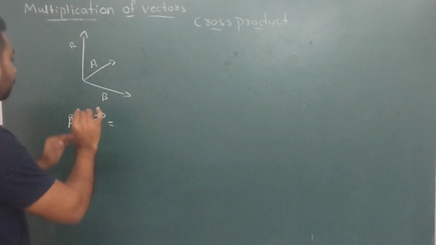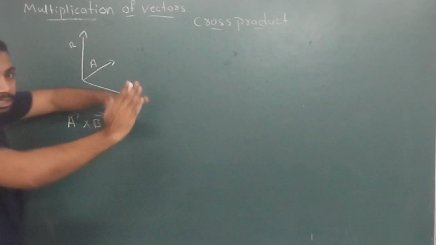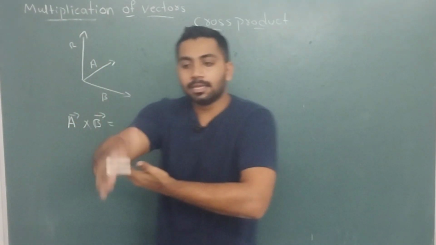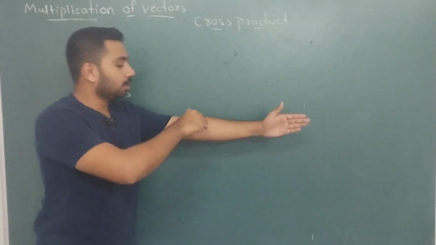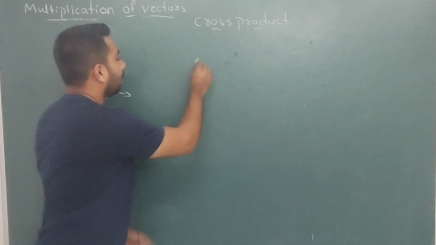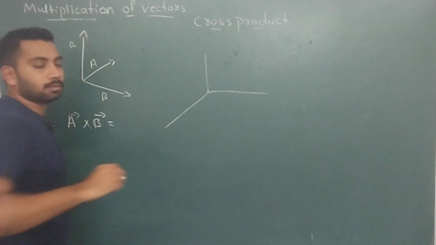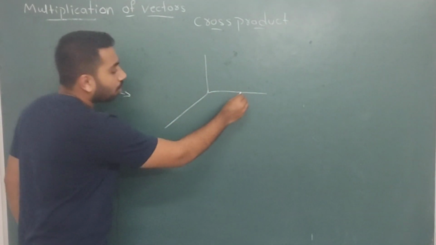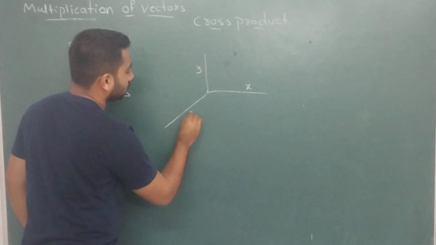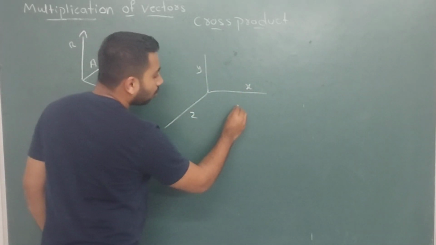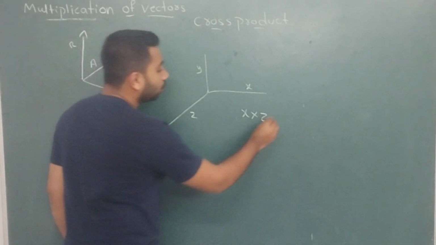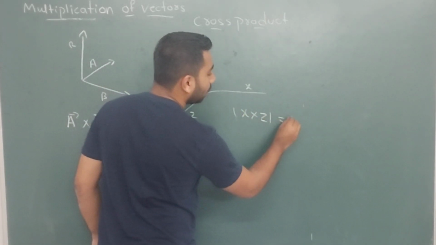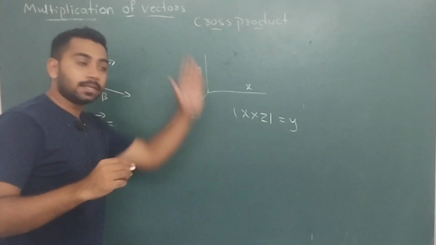Just listen to everything. When you cross two vectors, our lines will be like this. Okay, when you cross x, y, z. When you cross x into y, you will get the answer z, which is perpendicular.